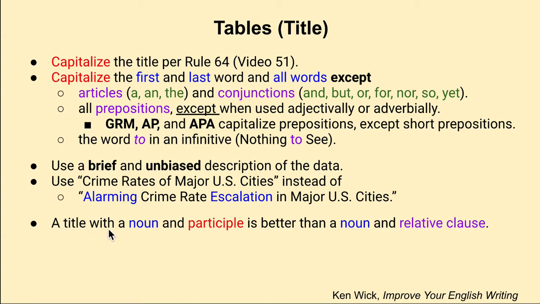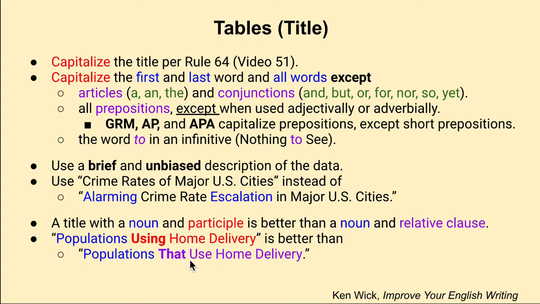A tip: a title with a noun and participle, like a verb, is better than a noun and relative clause. What am I talking about? It's this. "Populations using home delivery," so noun, then here's the participle, is better than "populations that use home delivery."